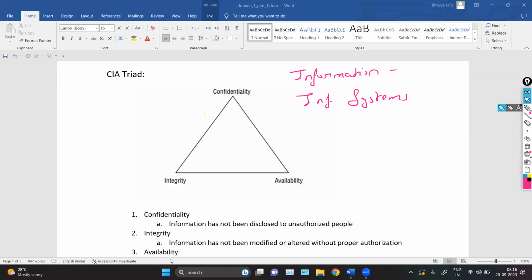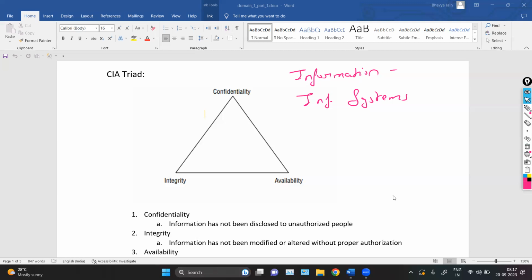So before securing the data, we should secure the information systems. Basically, we can say both are equally important in cybersecurity, information and information systems. So now the question is how we can secure the information or the information systems.